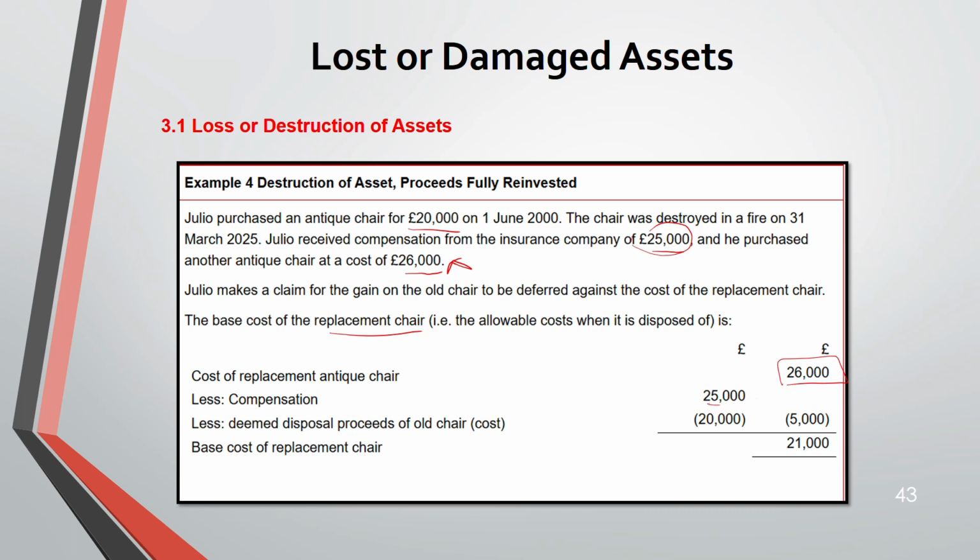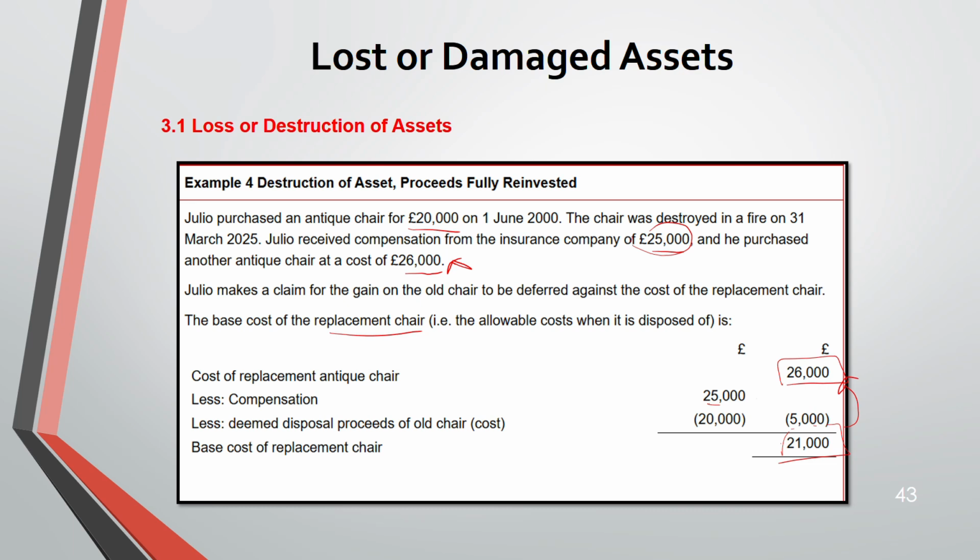Compensation was 25,000. How much did you purchase it for? 20,000. So 5,000. This 5,000 is the deemed disposal proceeds of the old chair, which you will deduct from the 26,000 because this is the amount you have reinvested. So the base cost of your replacement chair is 21,000.